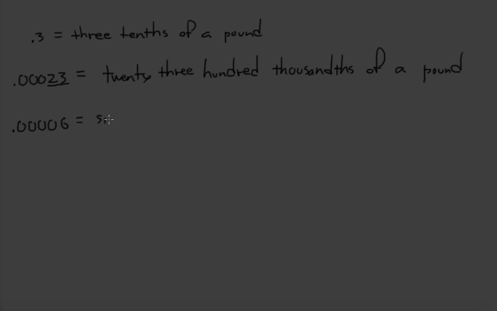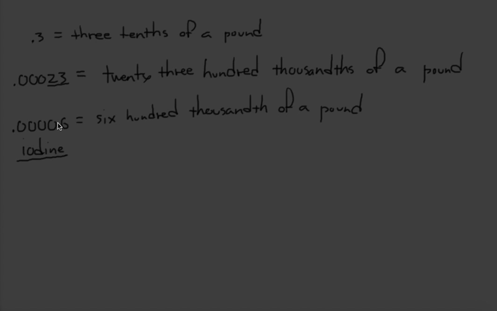So let's try that out, even though they already have it in the book. Let's just write it out again. 600 thousandths of a pound, which is iodine. So that is 2, A, B, and C.